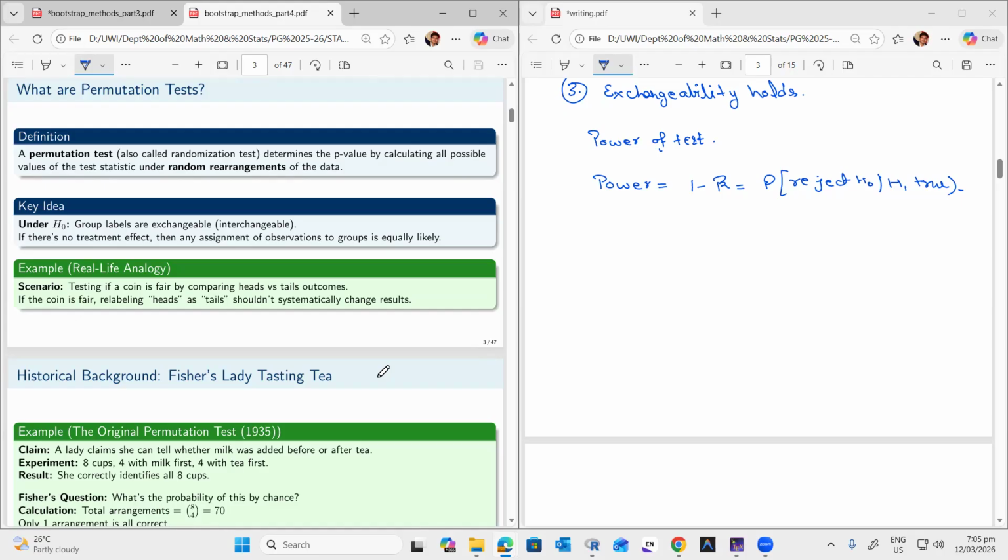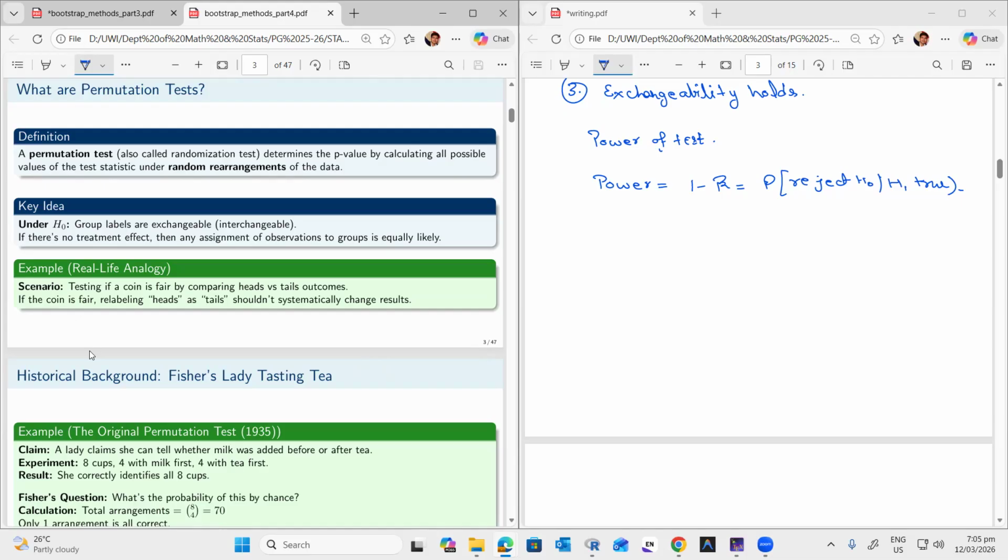The p-value is then the proportion of these permutations that provide a test statistic as extreme as or more extreme than the one observed in the original data.